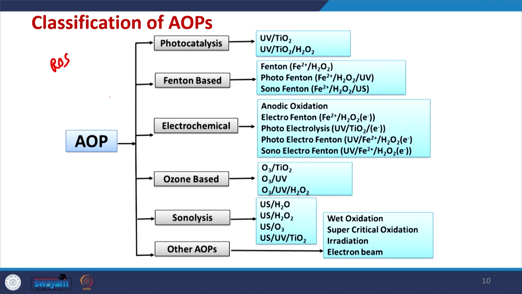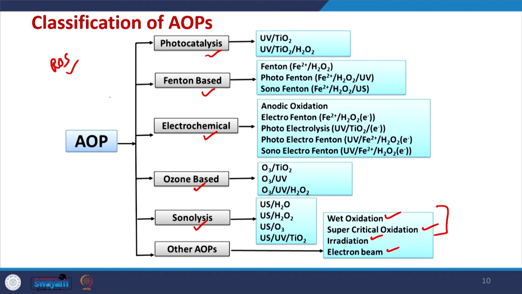So, AOPs may be classified as photocatalysis, Fenton based method, electrochemical, ozone, and sonolysis, which uses ultrasound. Then we have other AOP methods also, wet oxidation and supercritical oxidation, where we use high temperature and pressure, then irradiation, electron beam etc., where we use high energy intensity beams to produce reactive oxygen species. So, depending upon how these reactive oxygen species are generated, we have different AOPs.